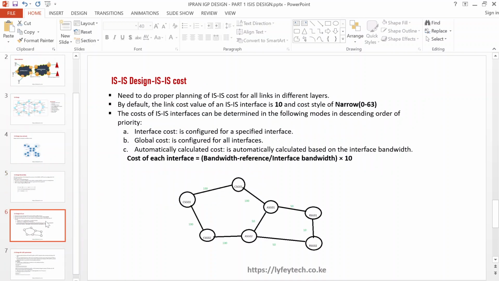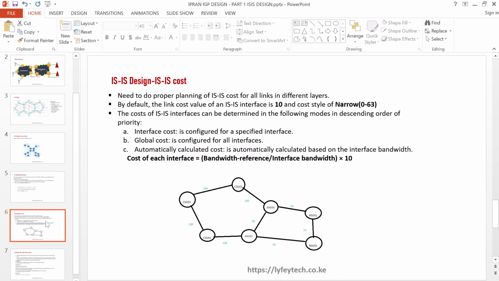Then another thing we'll be looking at in depth is ISIS cost. So remember, IGPs determine the best path based on cost, and the shortest cost will be selected as the best route. So you need to do proper planning of cost in your network to ensure that you have the optimal routing.